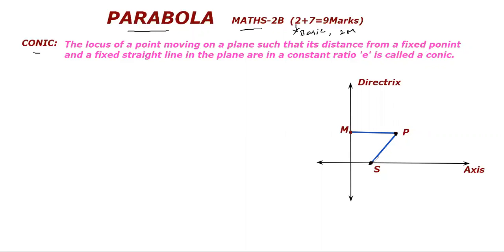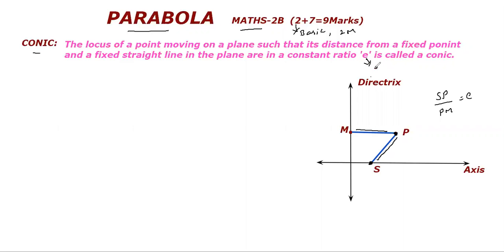The distance from the fixed point to the point on the locus and the fixed straight line. This is a straight line. This straight line we call the directrix. This distance and this distance, if you take as a ratio, you will get SP by PM equals E.